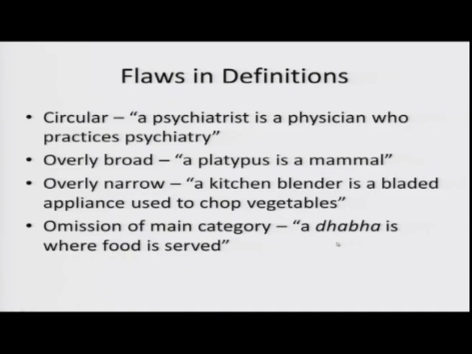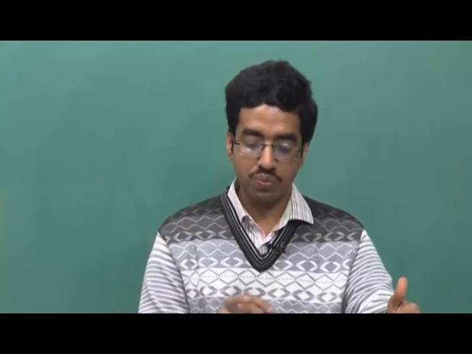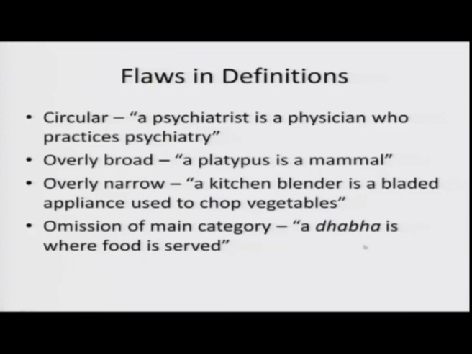Say you do not know the meaning of dhaba, and someone is explaining it to you. They say a dhaba is where food is served. So, what is it? Is it a kind of eatery, or is it a piece of furniture, because food is served on a table also, right?